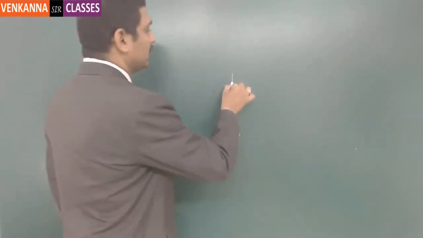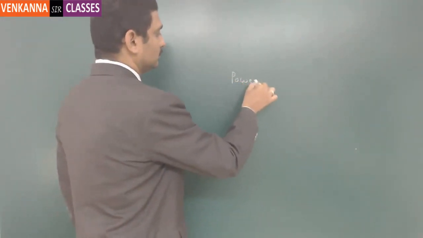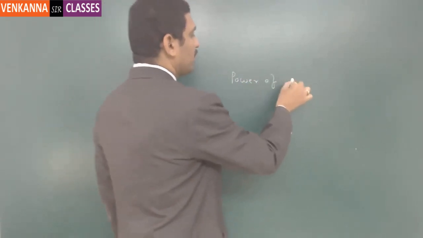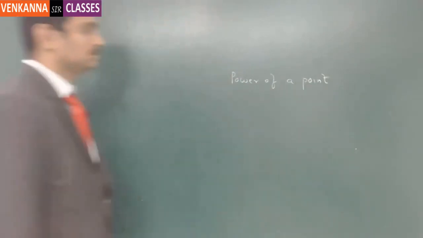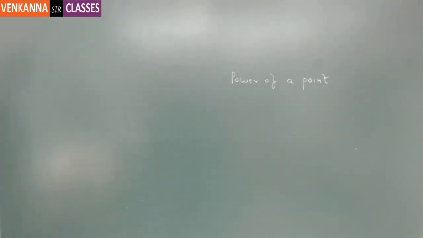Now let us take a definition: power of a point. So it is nothing but, as you know, whenever a point is given, how to check whether it is an internal point, external point, or a point lying on the sphere, isn't it?